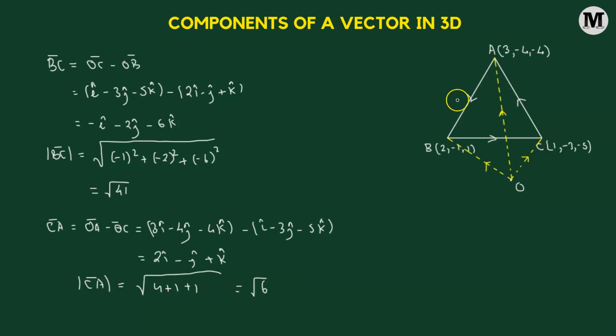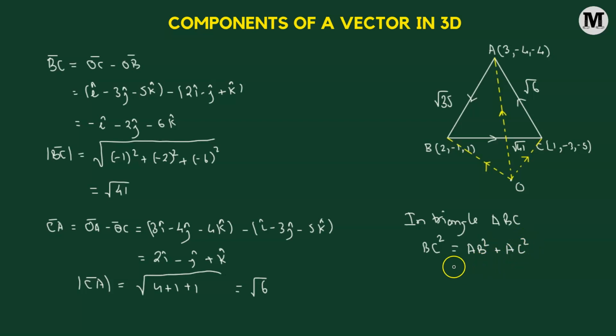Okay, so what do we obtain? The magnitude of side AB is square root of 35, BC came out to be square root of 41, and CA came out to be square root of 6. Now, there's a perfect relationship that exists between the sides AB, BC and CA. In triangle ABC, if we consider the side BC and square it, this is exactly the same as the sum of the squares of the other two sides, that means AB squared plus AC squared.